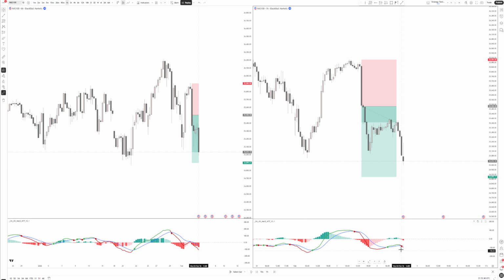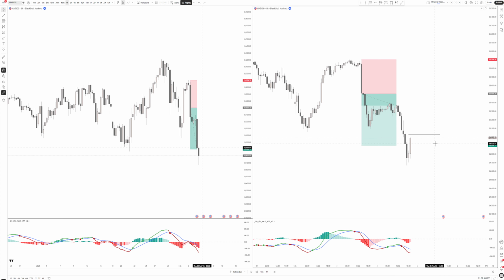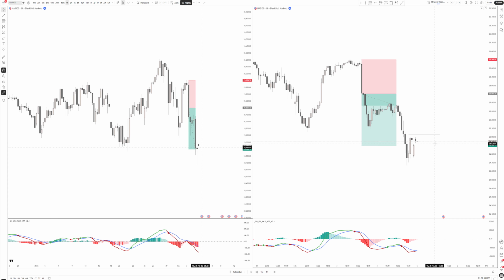And again, it's giving you another entry. You could, if you want to, enter the trade again here, and look, we continue to go down, and then we would only exit this trade if we had a green, which we did. We exit that trade, but then this one hit TP.